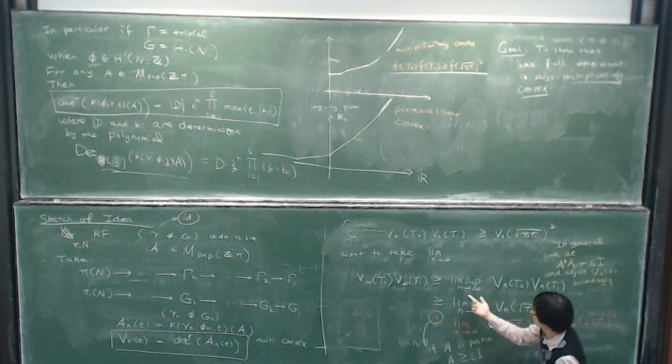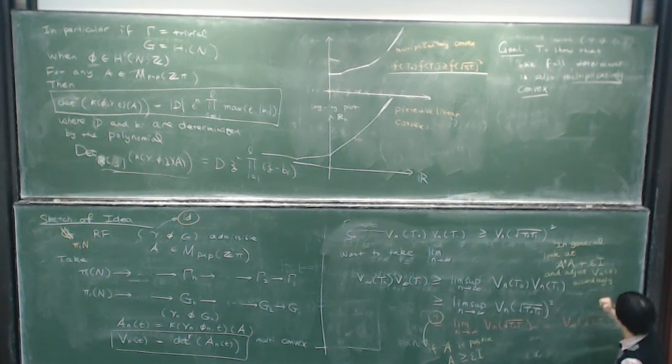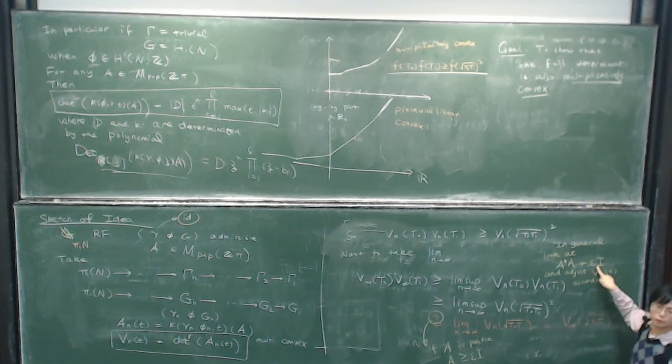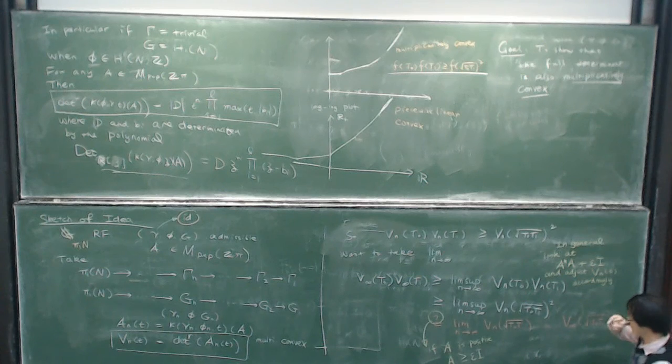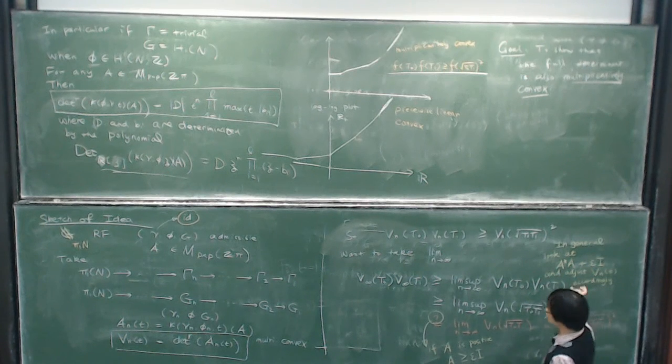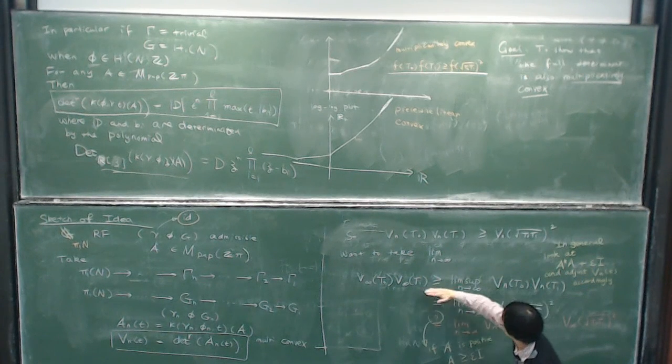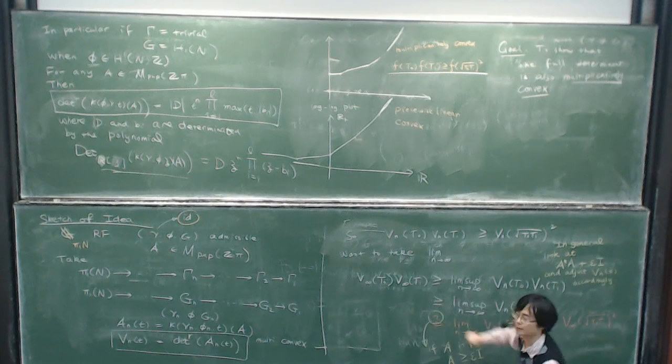Besides this limit process as n goes to infinity, you also want your epsilon to go to 0, and there are two limit processes involved, which also preserve certain semi-continuity, like this here.